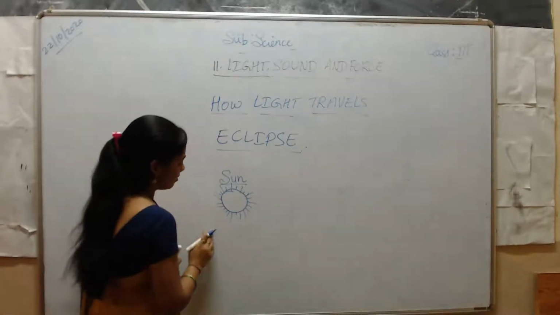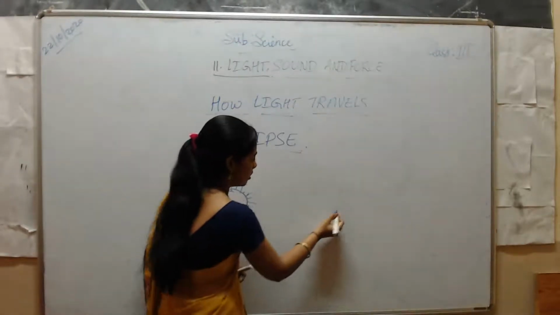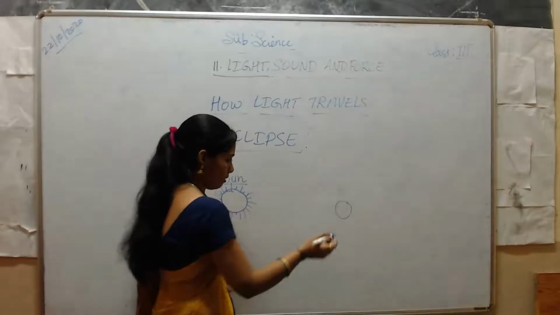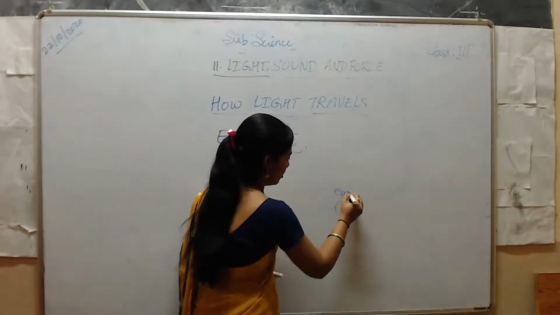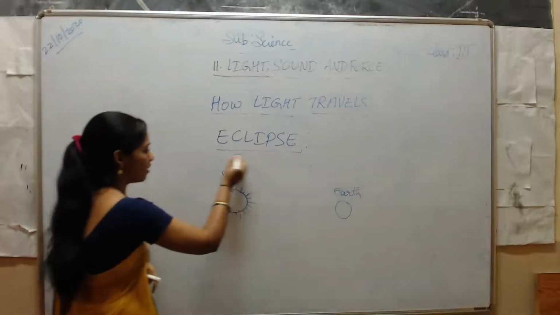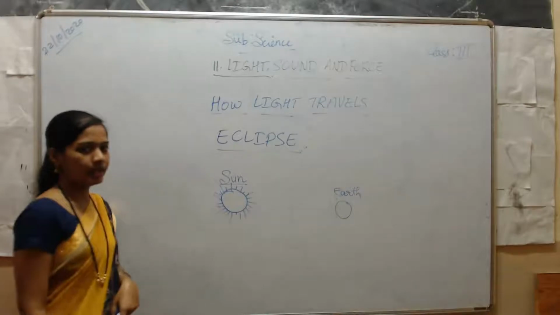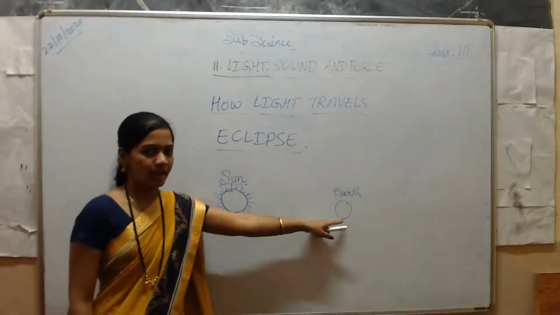If this is the sun, the Earth is here. Example I am giving. Earth revolves around the sun.